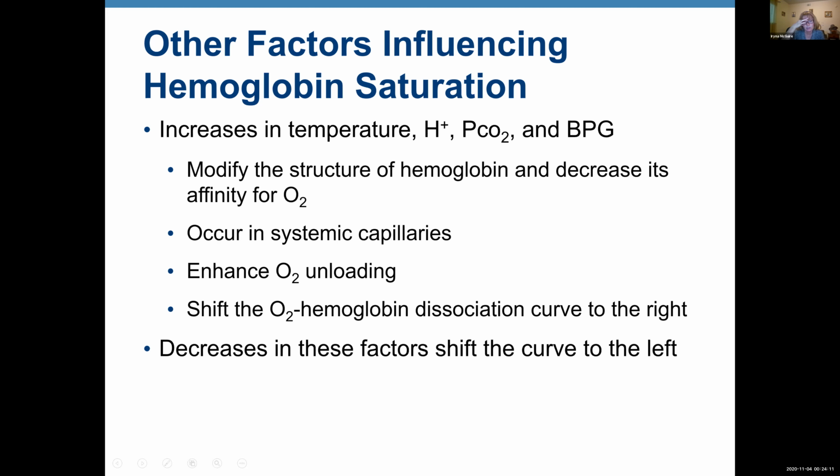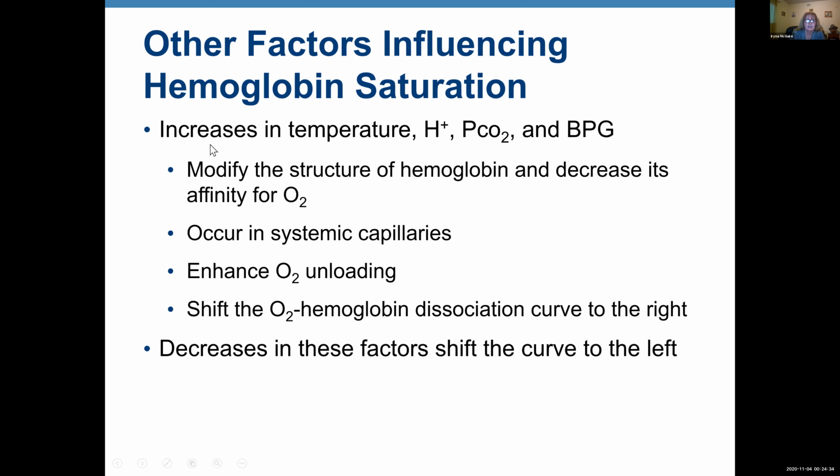When we modify the structure of hemoglobin, it decreases its affinity for oxygen. This occurs in systemic capillaries, enhances oxygen unloading, and shifts the oxygen hemoglobin dissociation curve to the right. I'll show it to you. And a decrease in these factors shifts the curve to the left. That will be on the next slide.